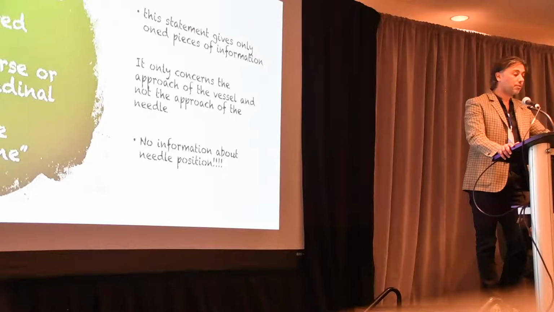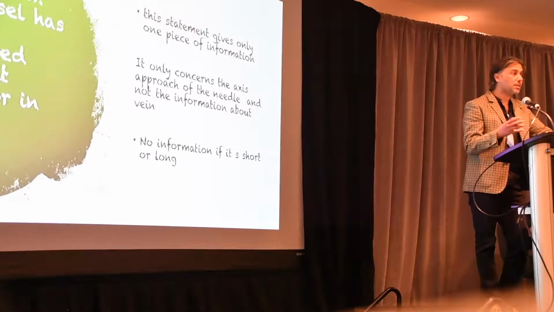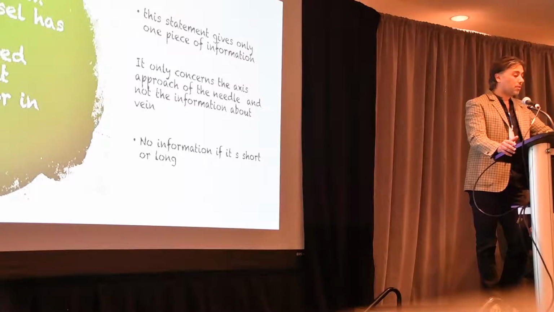It only concerns the approach of the vessel and not the approach of the needle. There is no information about the needle. And when we say the needle approach is out of plane or in plane, it only concerns the axis approach of the needle and gives no information about the vein.